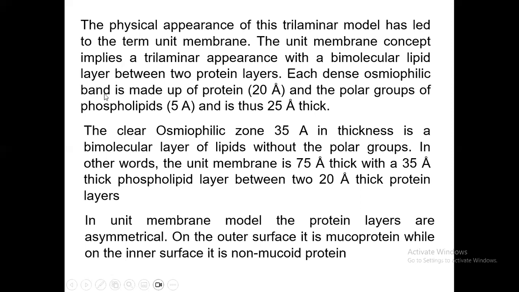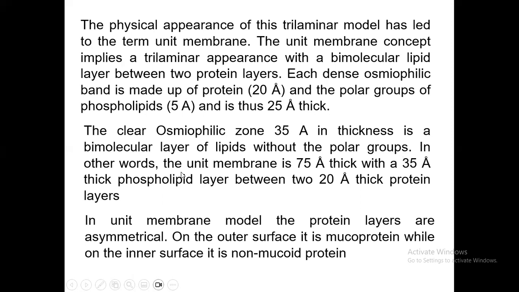So each dense osmophilic band is made up of a 20 angstrom thick protein layer, and the polar heads of the phospholipids are approximately 5 angstroms, and thus the dark band will form about a 25 angstrom thick layer. And the clear osmophilic zone is about 35 angstroms in thickness, and it is a bimolecular layer of lipids without the polar heads.